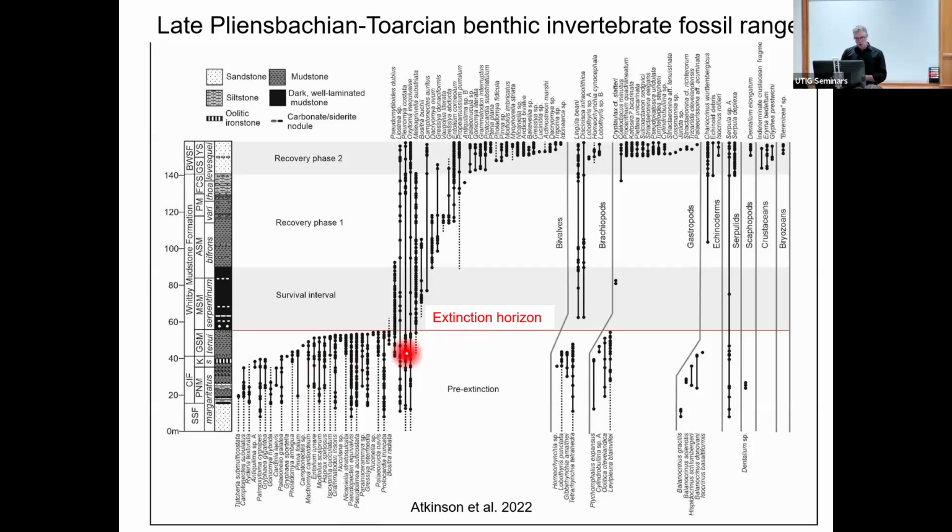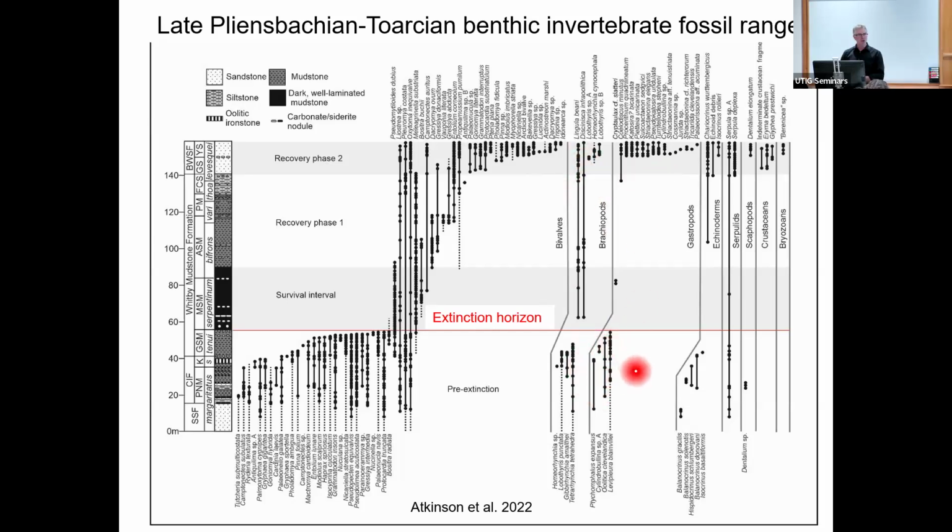So you can see here that we have different groups of benthic organisms. All these ones here are bivalves, pretty species rich throughout this succession. Here we've got brachiopods, not so species rich. So not that many brachiopods within the Pliensbachian-Toarcian in the Cleveland Basin.